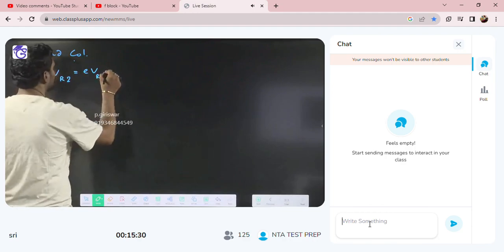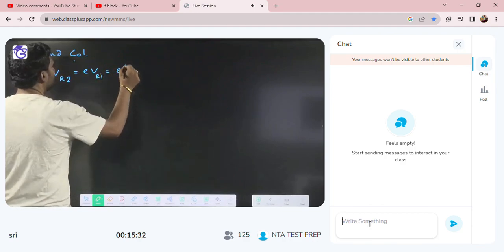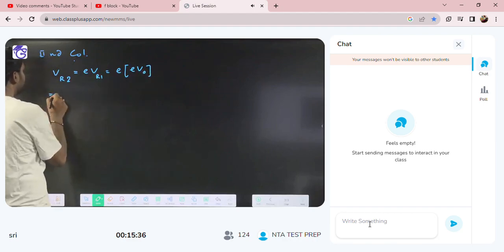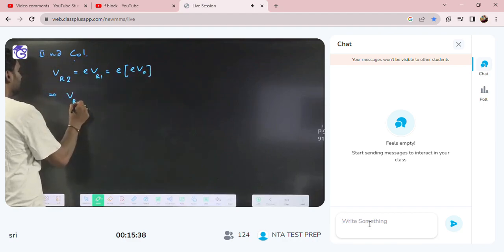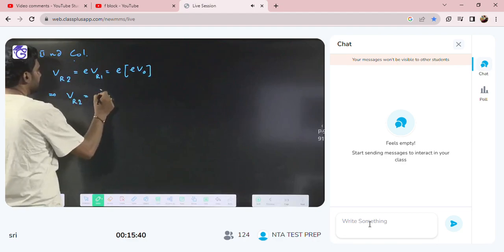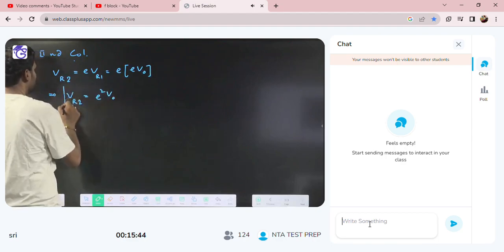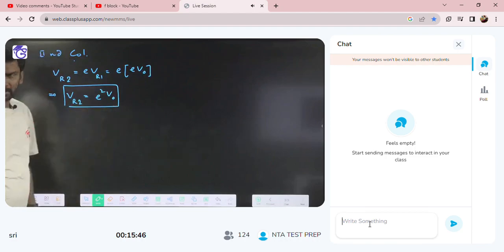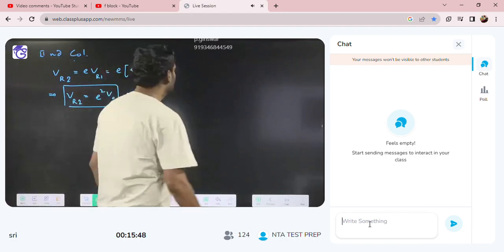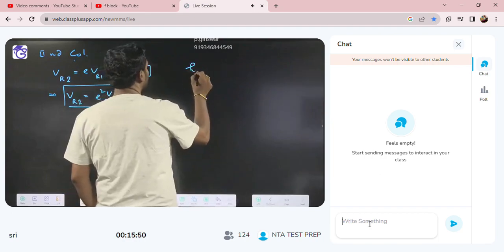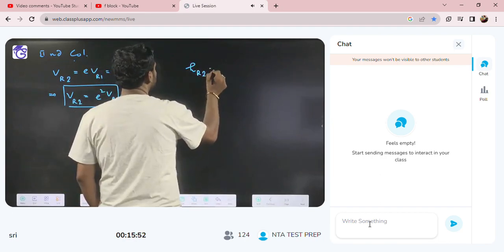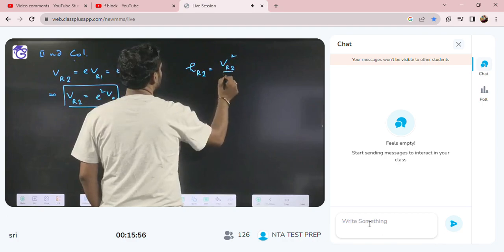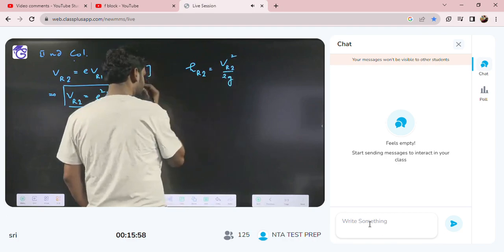But we already know VR1 is equal to E into V0. So eventually VR2 you get as E square into V0. Here it is the first equation. It just goes in rhythm. Think about HR2. HR2 is equal to VR2 whole square by 2G.